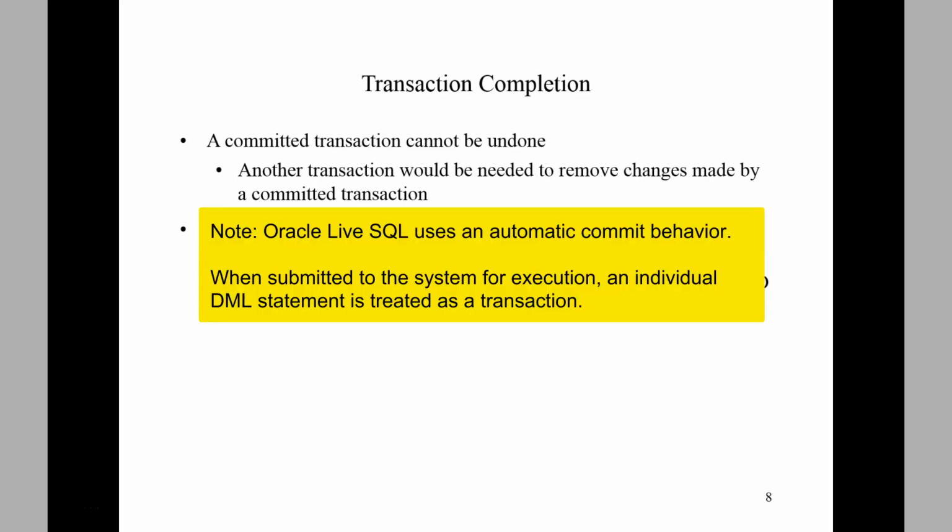We should note that if you're working with Oracle database using Oracle Live SQL, this system also uses a similar type of auto commit. For a transaction that involves multiple statements or operations that we want to treat as a unit using Oracle Live SQL, it would be necessary to group these statements in a block of code to allow an explicit commit or rollback to be performed.